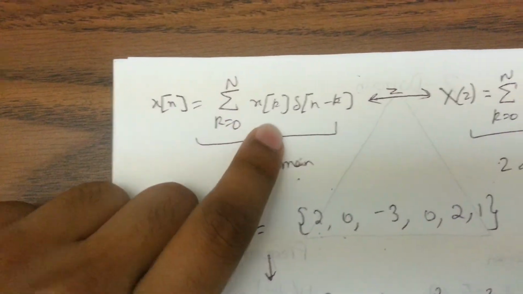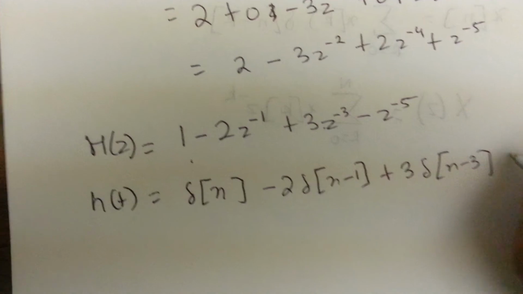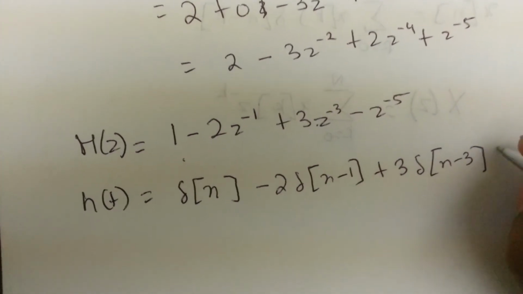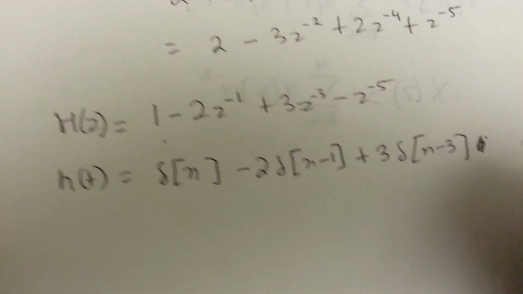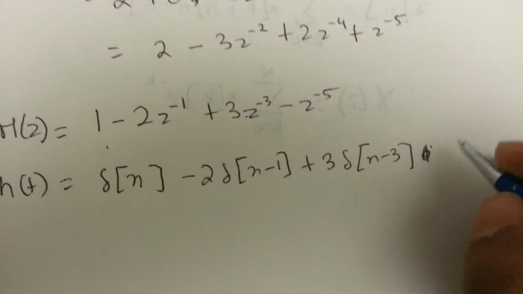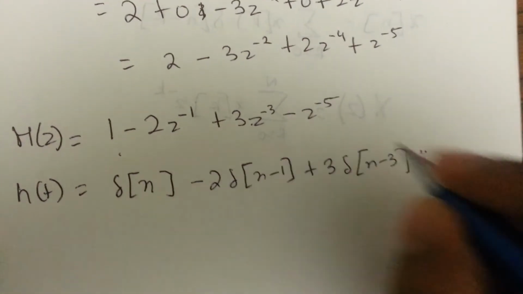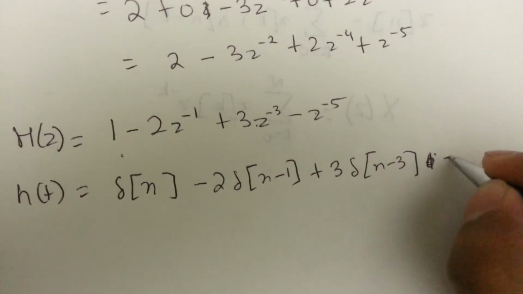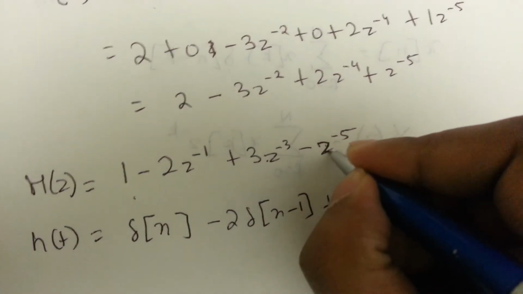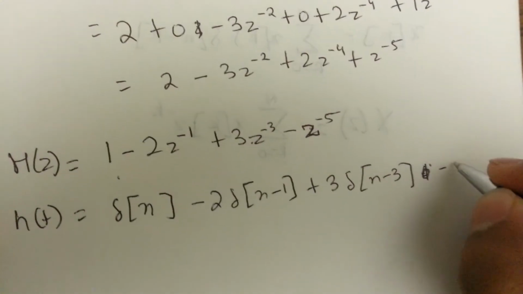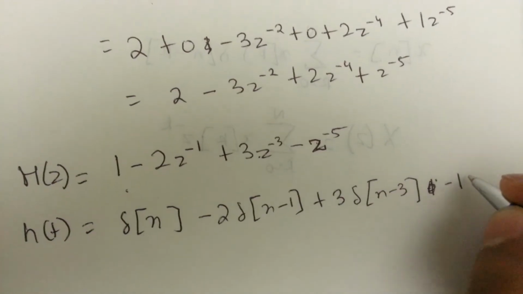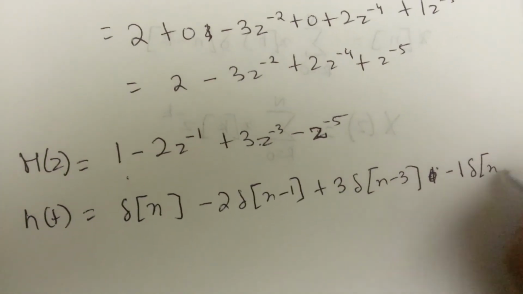You copy the coefficient, and then this just becomes a part of the impulse function. So this is plus 3 and minus 3. Oh, sorry, this is z to the minus 5. I write pretty badly. So it's just minus 1 and minus 5.